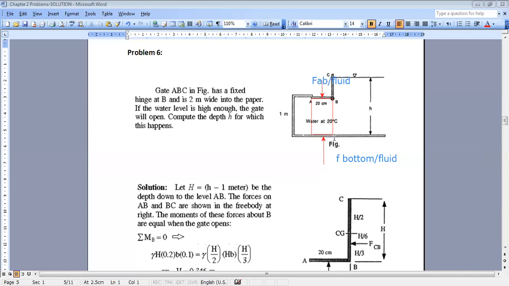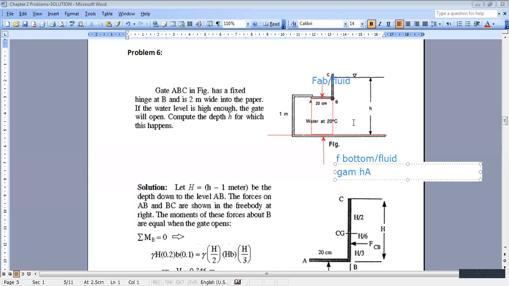Pressure times area. Yes. So it's equal to the pressure at this level. What is the pressure at this level here? I have gamma h, gamma small h. So I can say that here I have gamma times small h times the bottom area.